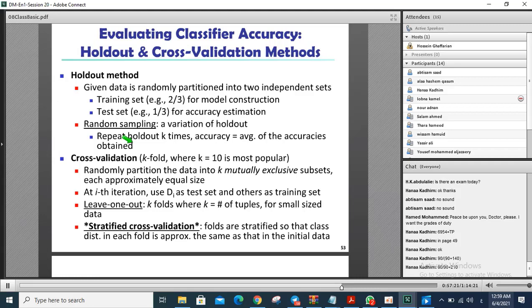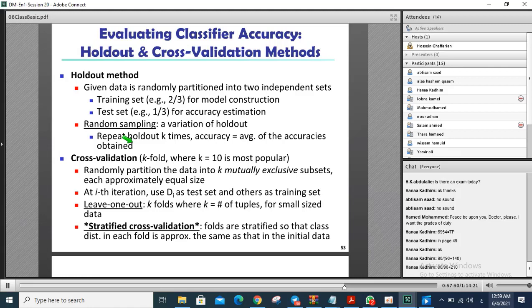And in this case, we randomly partition the data sets. It means that I don't know which of the records will be in the training set or in the test set. So it's a random sampling method.